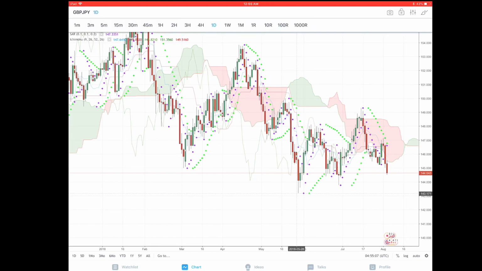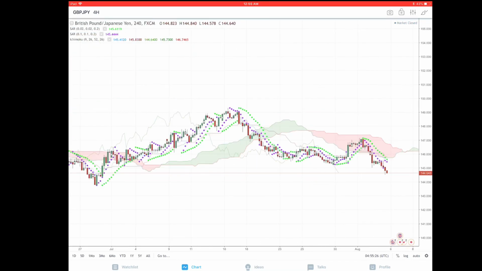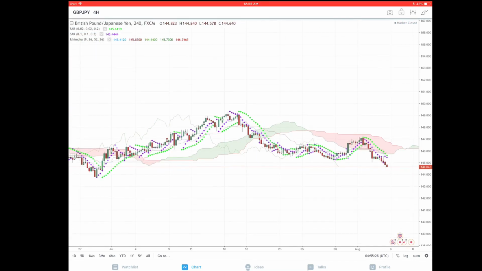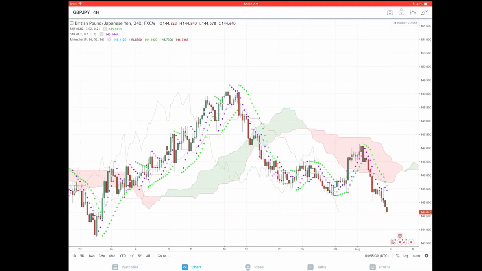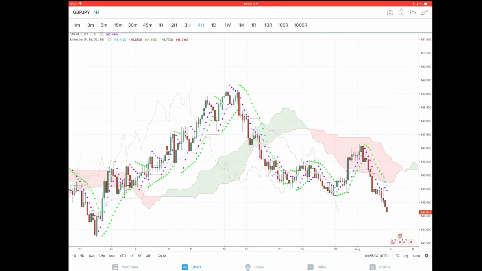So first of all, here on the daily chart, I don't go any higher than here, but this is pretty much the overall outlook that you're going to use to judge the overall trend of the pair. And then you're going to work your way all the way down to see what's going on in the shorter time frames.